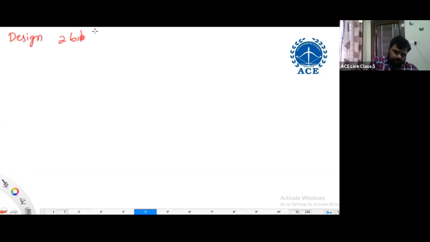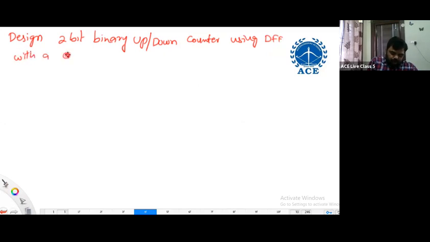Design a 2-bit binary up and down counter using D flip-flops with a control signal.